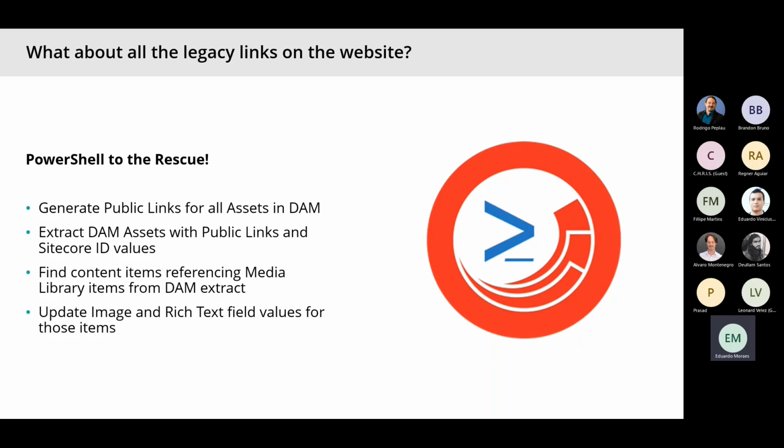So this is where PowerShell can come to our rescue. We can use PowerShell to generate all the public links for all the assets, and also to extract all of them and generate that Excel file for us. So you don't need to manually create that Excel file.